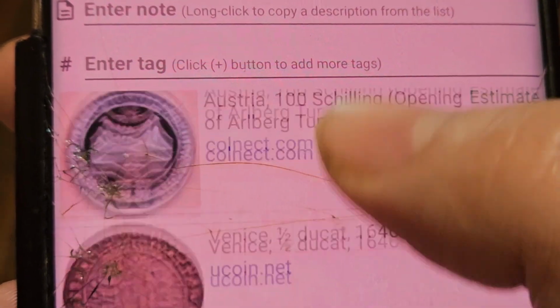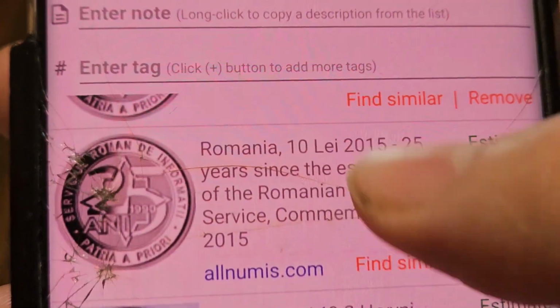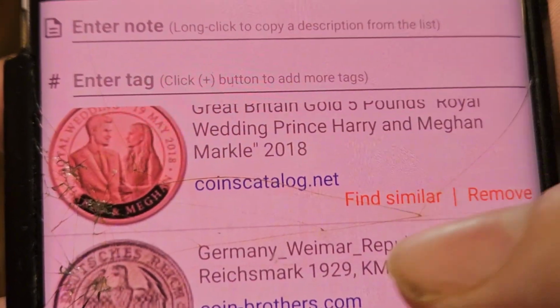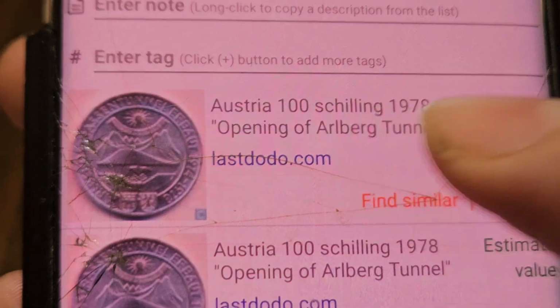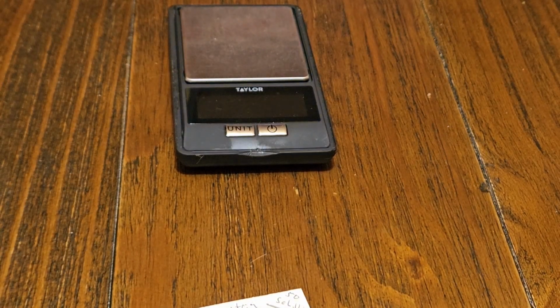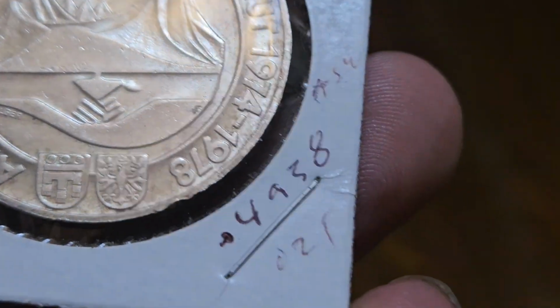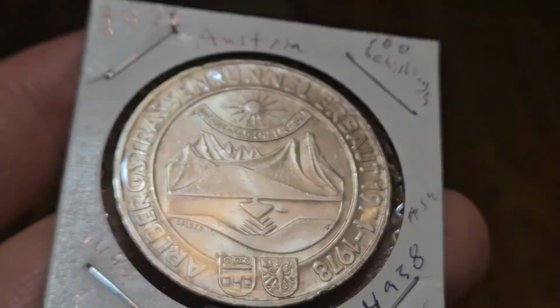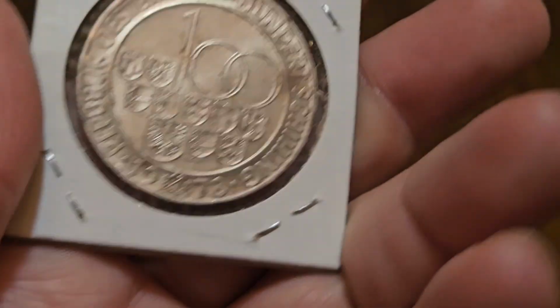Generally speaking, like I said, I like to go to NGC because it gives the ASW. But at least you can ID the coin and you know it's an Austrian 100 shillings. And then from there you can search in the search bar for NGC. All right. Anyway, that will come to 0.4938 ounces. I always just say half an ounce. It's half an ounce of silver or so.